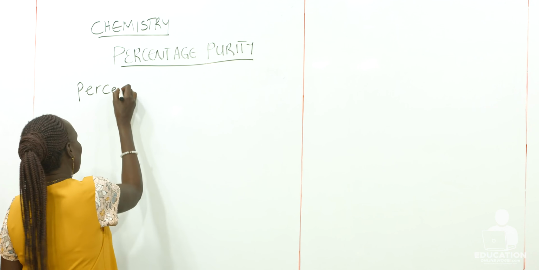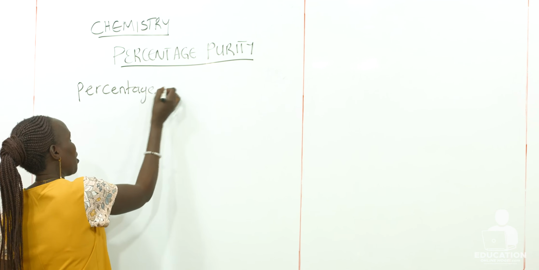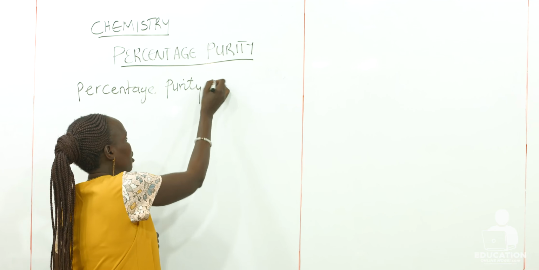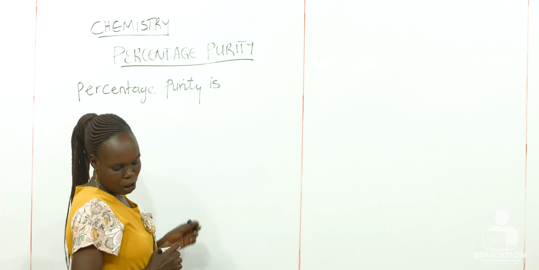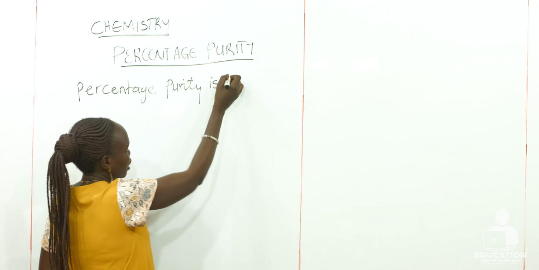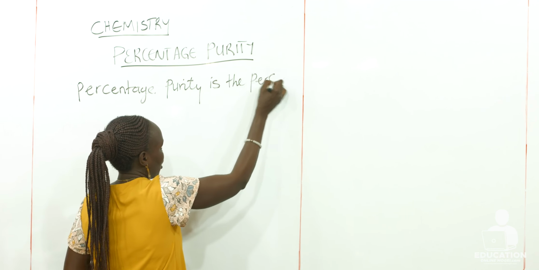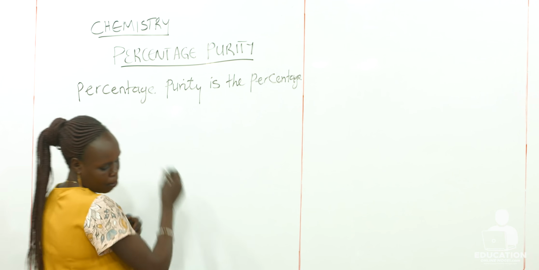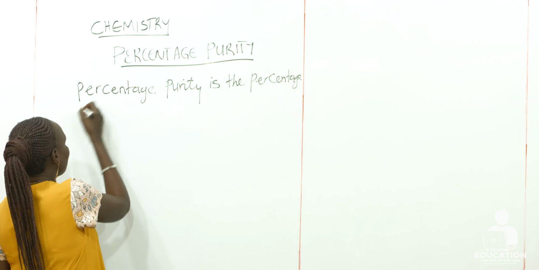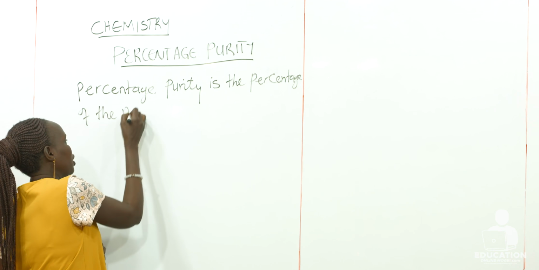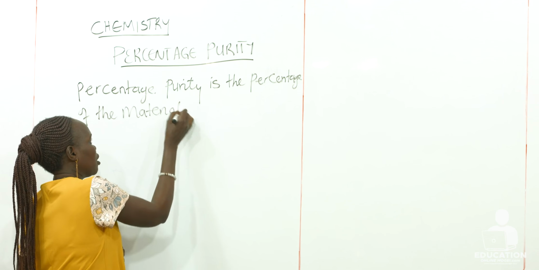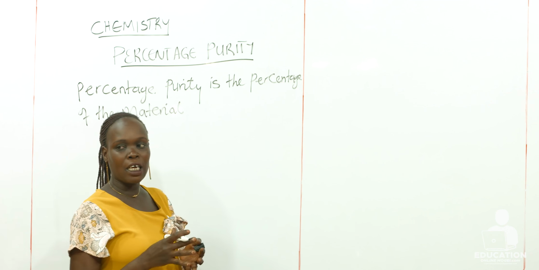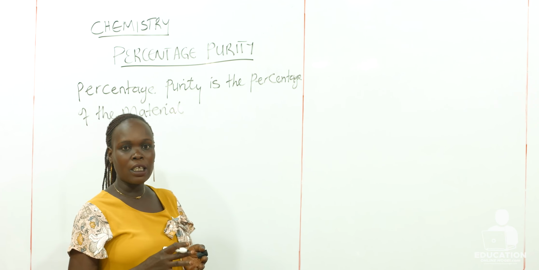So percentage purity is the percentage of the material of the exact desired substance that we wanted.